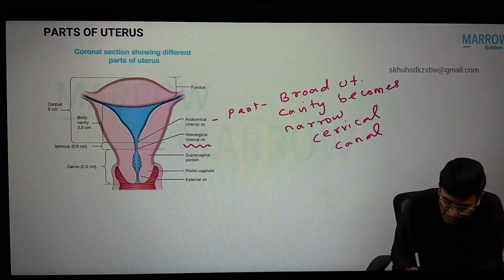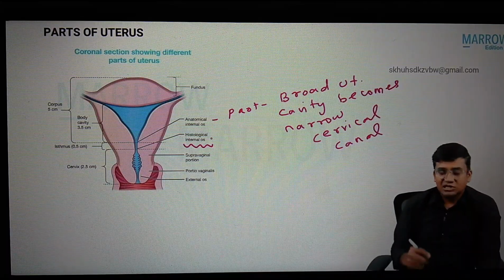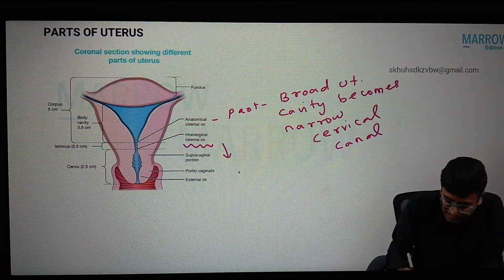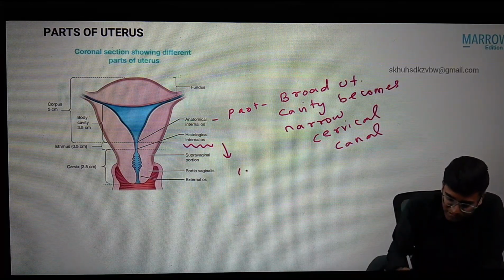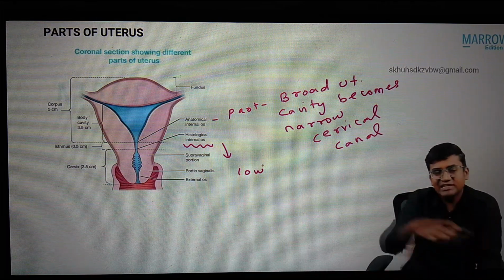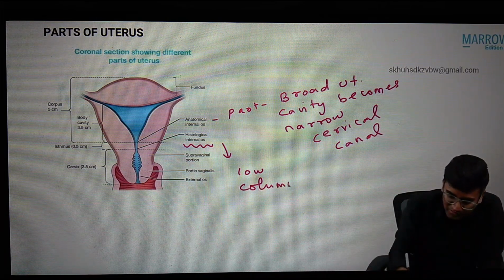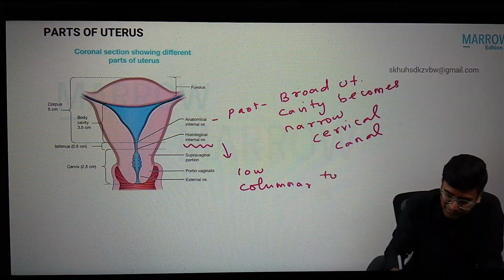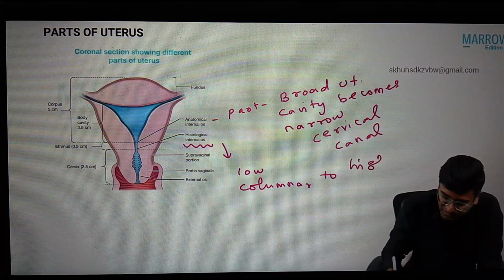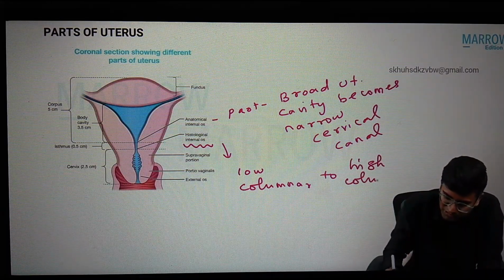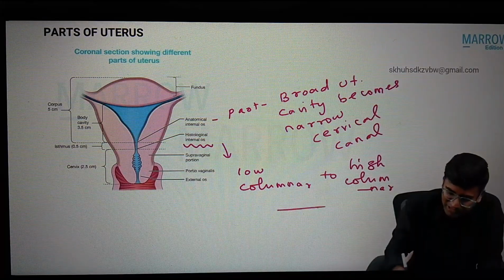Now, what about the histological internal os? It is an area where the epithelium makes a transition from low columnar to high columnar epithelium.